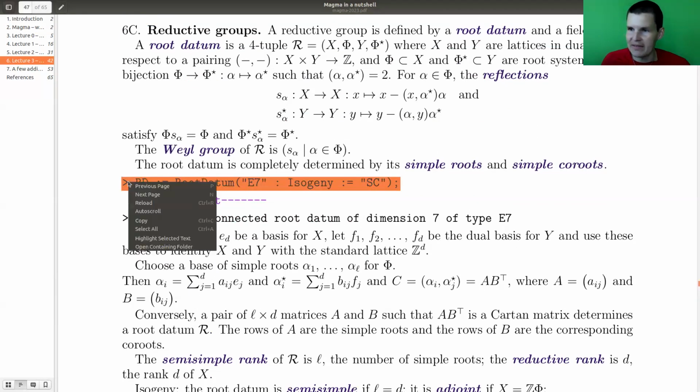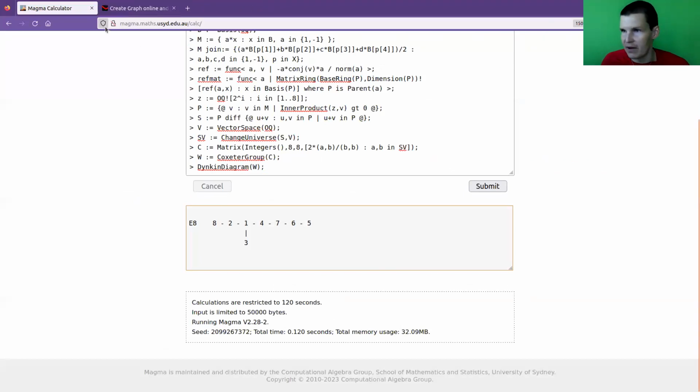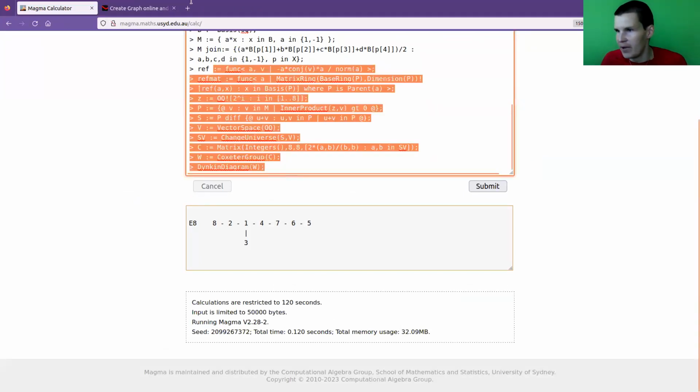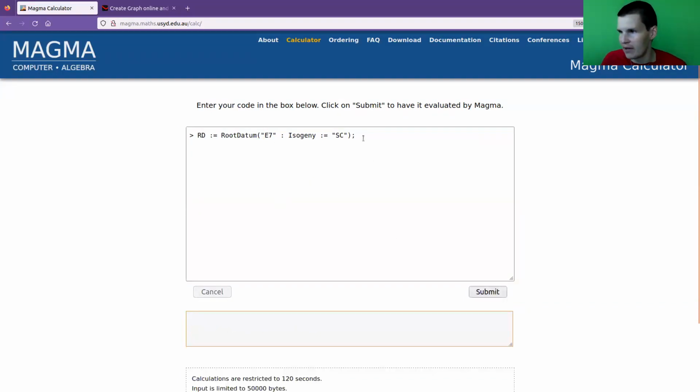So Magma has things built in, which might not come as a surprise. Hopefully it doesn't. So we have built-in functions. We don't need to do the whole Fano. We can just say E7, for example, and we can just say Dynkin diagram of the root datum, in case I can spell Dynkin diagram.